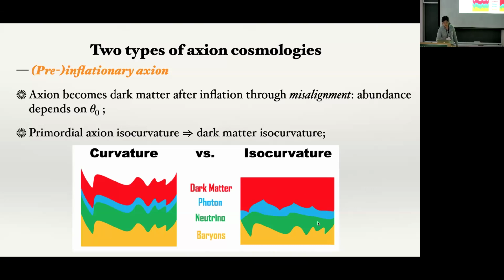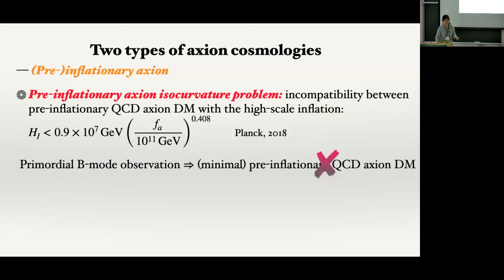Okay. So this leads to a serious cosmological problem for pre-inflation axion dark matter. That's the so-called isocurvature problem. Basically, Planck hasn't observed any isocurvature, and instead they have a stringent constraint on how big the isocurvature perturbation is allowed to be.